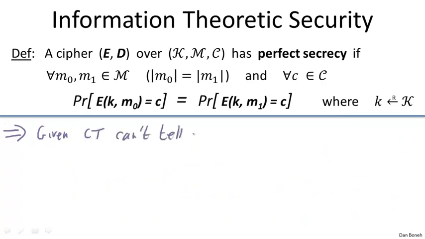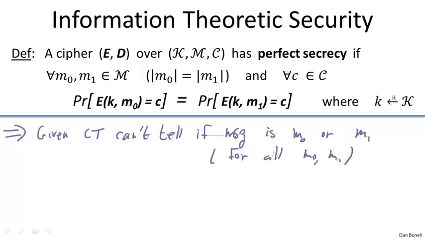I can't tell if the message that was encrypted is M0 or M1. In fact, this property is true for all M0 and M1. So not only can I not tell if C came from M0 or M1, I can't tell if it came from M2 or M3 or M4 or M5, because all of them are equally likely to produce the ciphertext C.